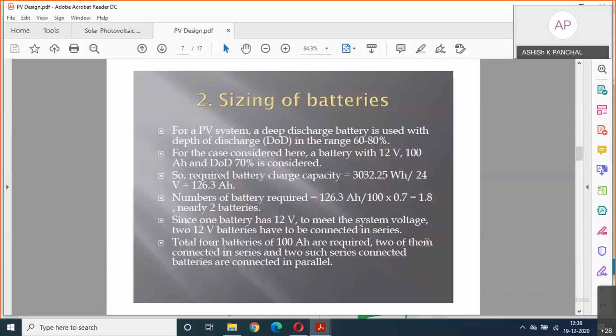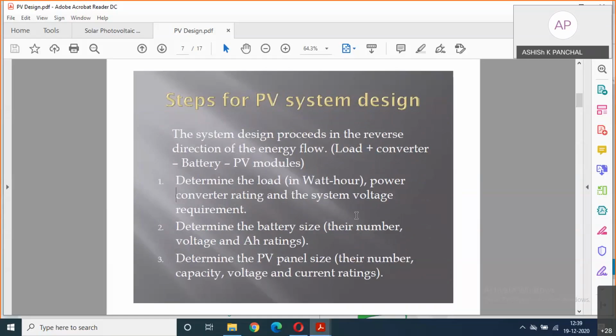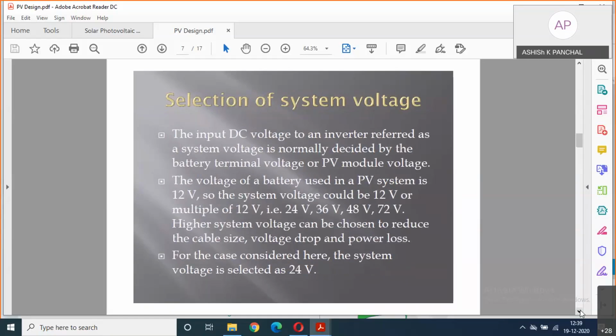How many batteries are required? Two batteries, sir. Can I say 4 batteries? Two batteries. Let's see. To cater, so 4 batteries. Okay, I need a total of 4 for this load requirement.